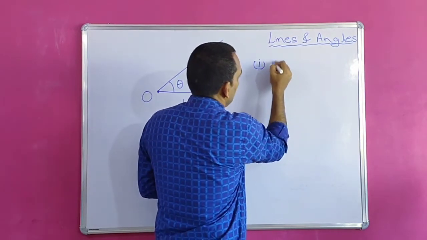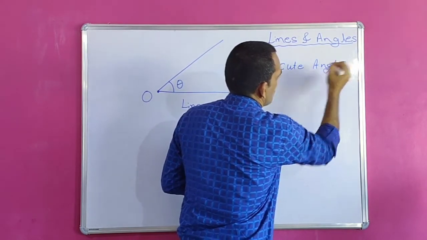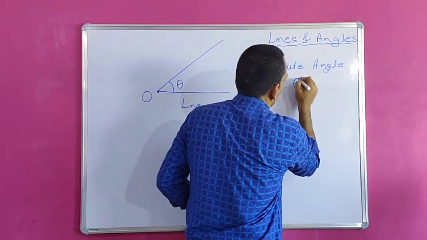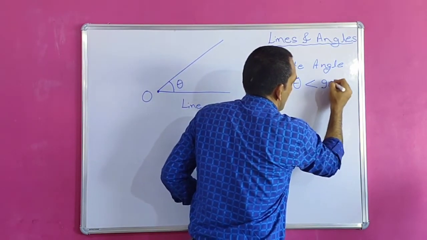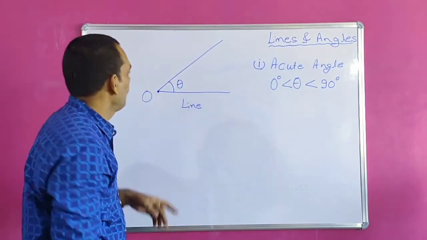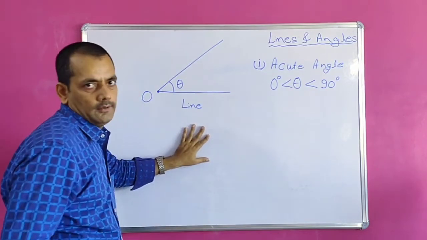First one is the acute angle. If the value of theta is less than 90 and more than 0, then this angle theta is known as an acute angle.